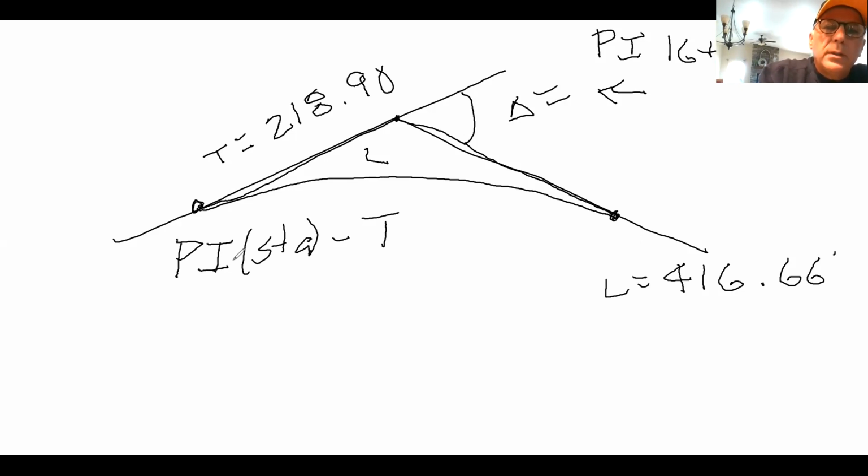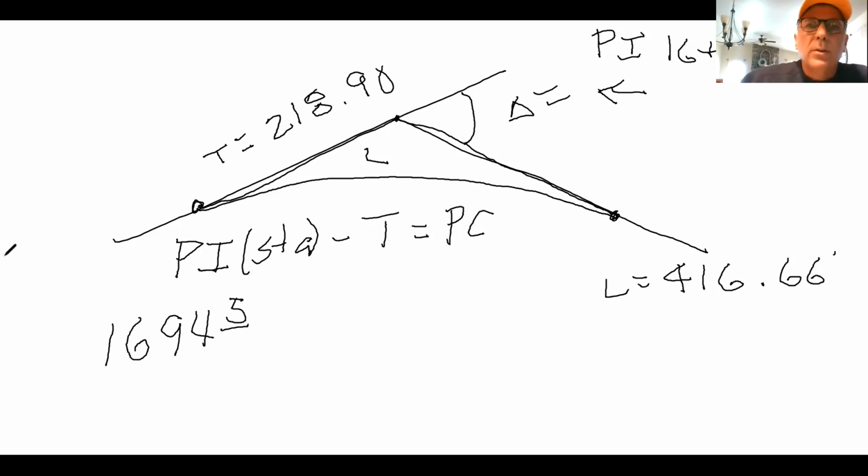So the PC is going to be equal to 1,694.50, which is right here. This is my PI station. And I am going to subtract my tangent length of 218.90.